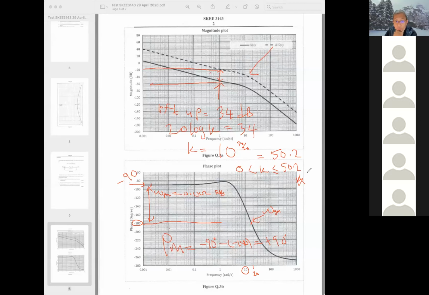They will give you the plot, then you have to assess the value from the given question paper. For chapter 3, we study until stability and steady state error. Okay, thank you.